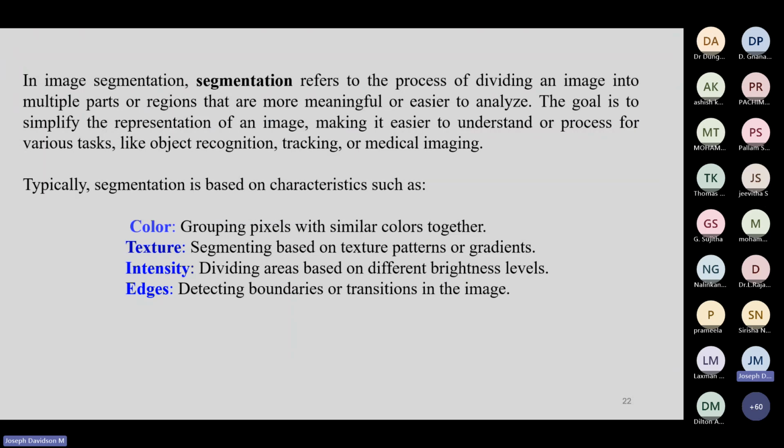And segmentation is the process of dividing an image into multiple parts or regions that are more meaningful or easier to analyze. The filtering helps you to slightly uplift the image and make it suitable for segmentation. In segmentation, we try to make it more meaningful to analyze. Segmentation can be done based on color, texture, intensity, and edges.